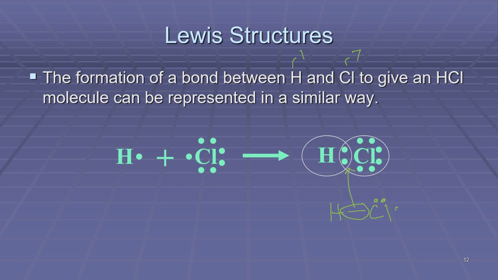And then I still will put the dots here because these are the unshared electrons, and sometimes we'll call this an unshared pair of electrons. And this is considered a shared pair of electrons. Electrons like to hang out in pairs, as we saw when we started doing electron configuration. So we've got 3 unshared pairs and 1 shared pair in this molecule.